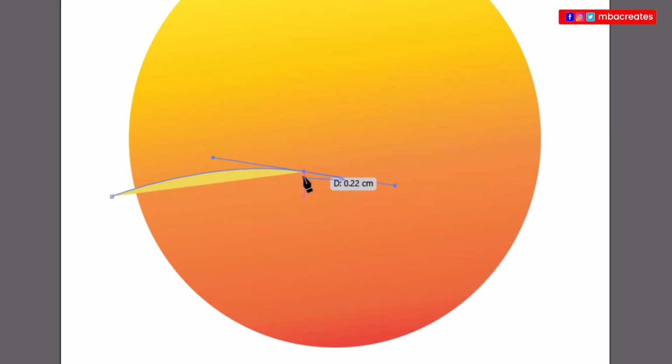I bring my pen tool back to where it ended. When I see the anchor, I click. Then I go this way. I'm going to form a little arc here. And then I go this way.